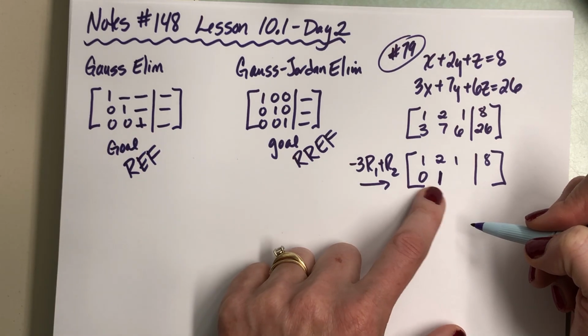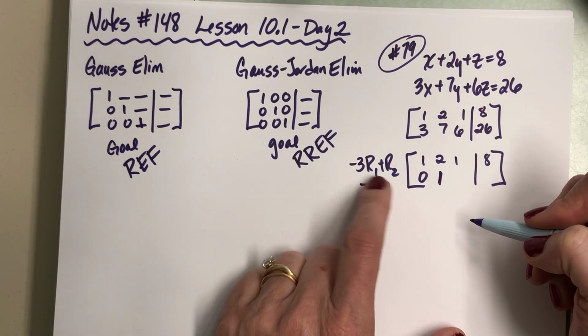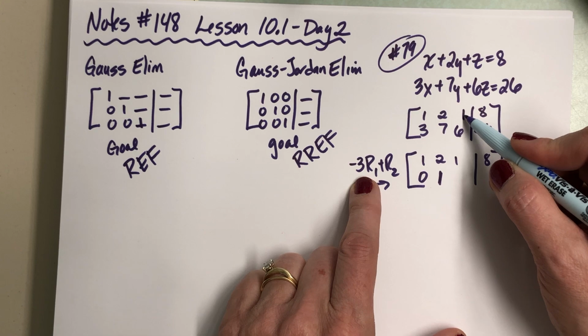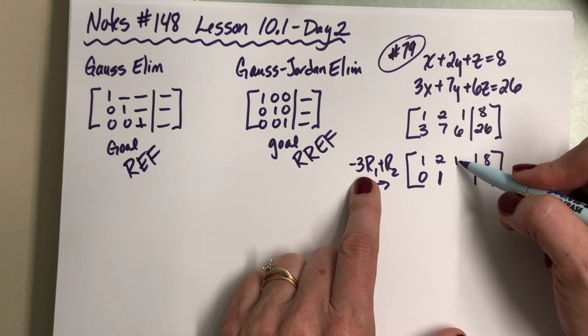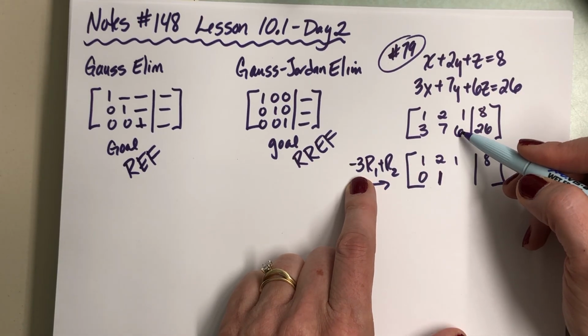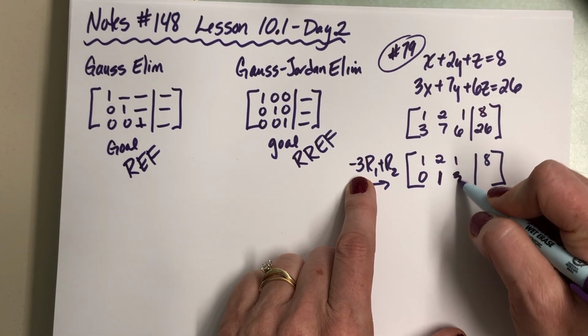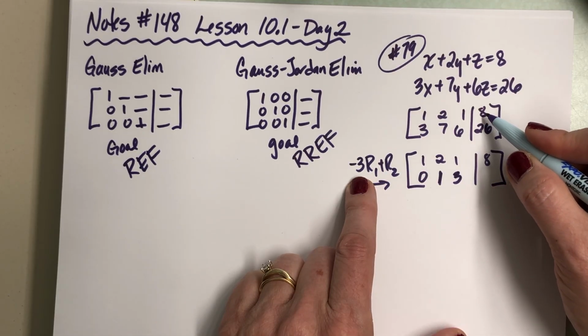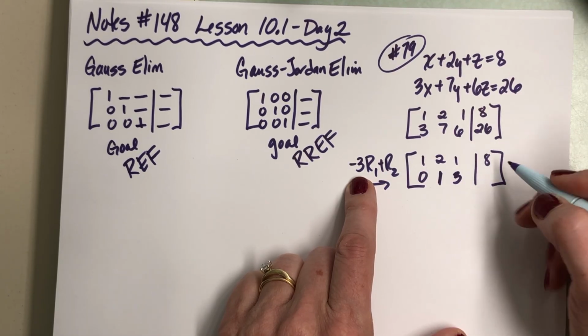Look at that. One step, I did 2 things. Yeehaw. Negative 3 times 1 is negative 3 plus 6 is going to give me 3. Negative 3 times 8 is negative 24, plus 26 is going to give me 2.